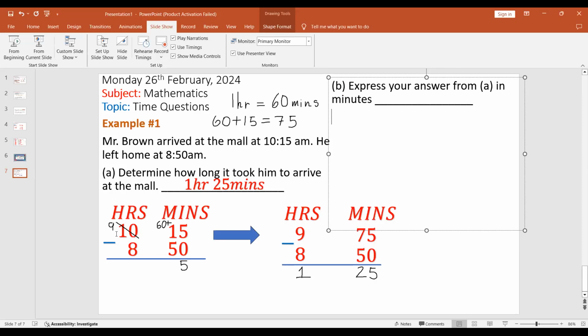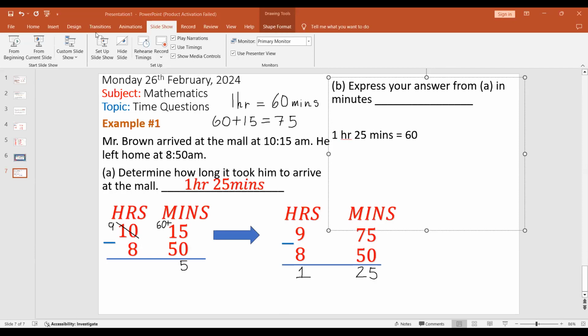1 hour and 25 minutes. Okay, good. What is 1 hour in terms of minutes? 60 minutes. Do you times it by 60? Not times it. 60 plus 25. Very good, Jeremiah.